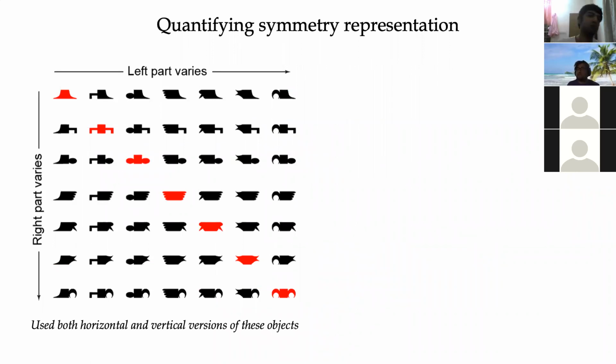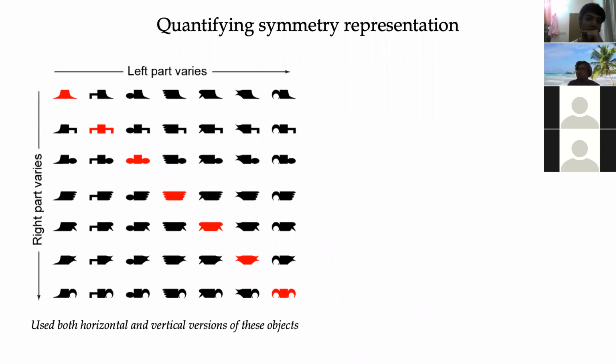In humans, in the data set that I showed you, we also had these 49 images, which were created by combinatorially combining 7 different parts on either side of a stem. If you go down the column here, the part on the right-hand side varies. And if you go along the row, the part on the left-hand side varies. So we have these 2-part objects. I've highlighted the diagonal here, which are the symmetric objects. And we used both horizontal and vertical versions of these objects.